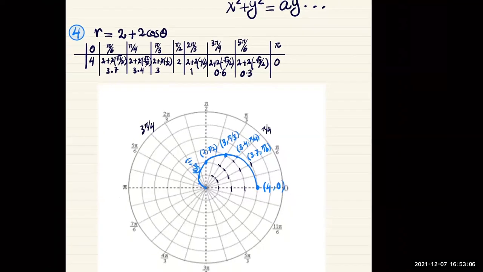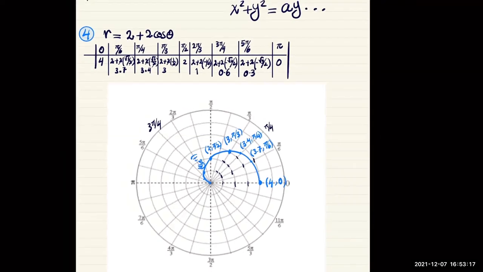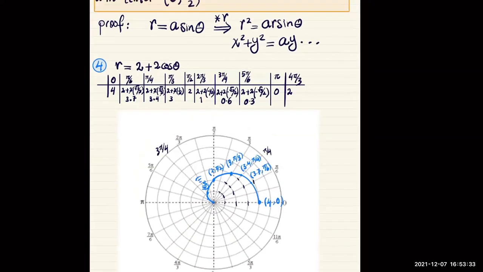For example, let's plug in something easy, like 4 pi over 3. 4 pi over 3 is this angle. At 4 pi over 3, we have 2 plus 2 times -1/2, and that is -1.